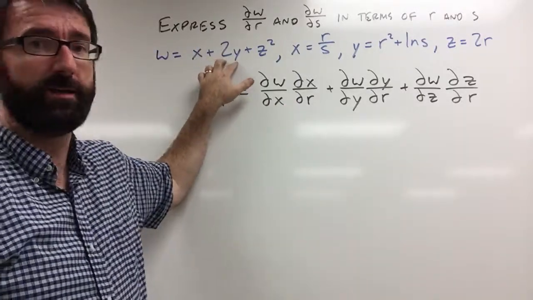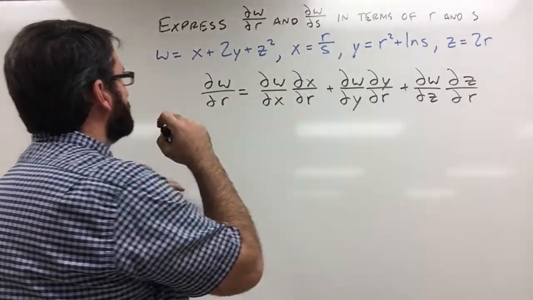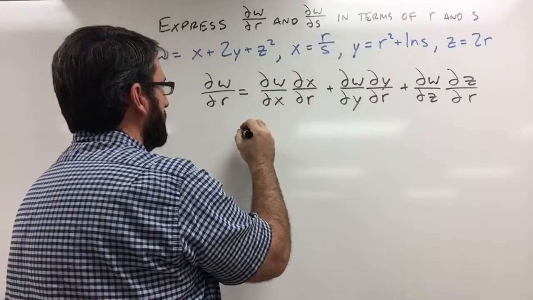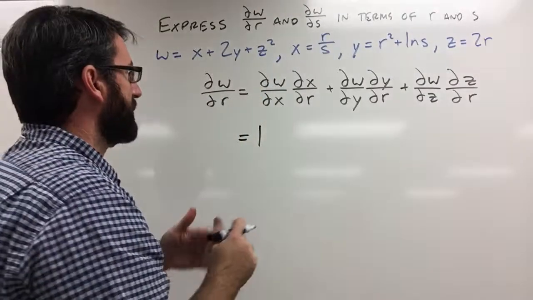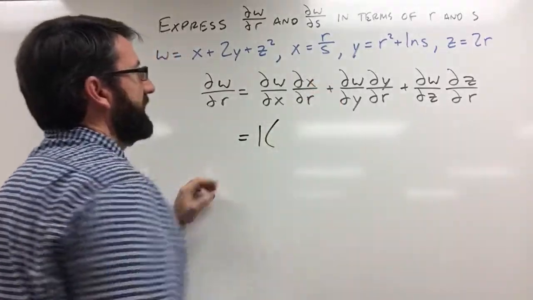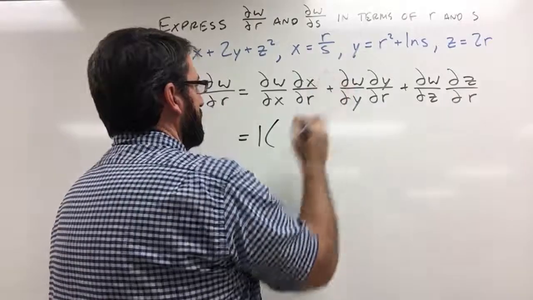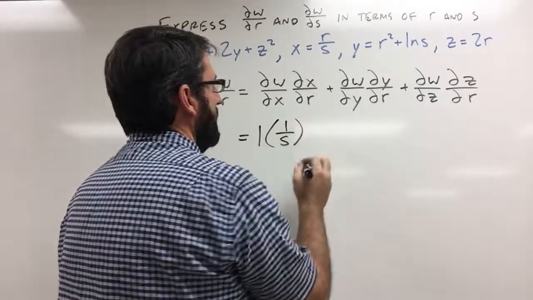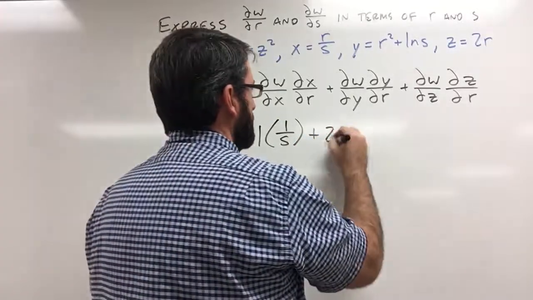All right, so the partial derivative of w with respect to x, that's just going to be 1 because remember we're holding y and z constant. The derivative of x is going to be 1 and the derivative of a constant is just going to be 0. The derivative of x with respect to r, well, that's just going to be 1 over s. The derivative of w with respect to y, that's going to be 2.